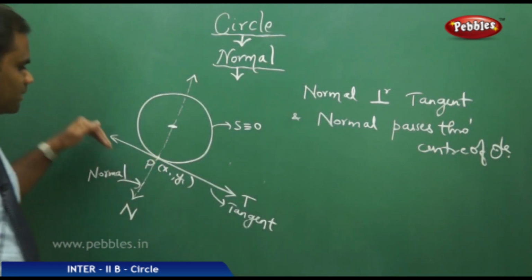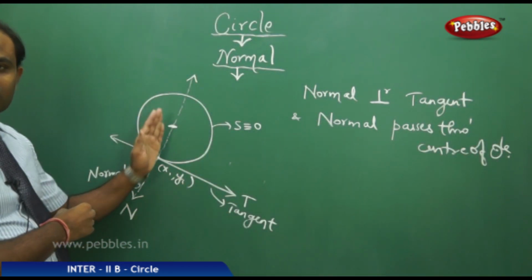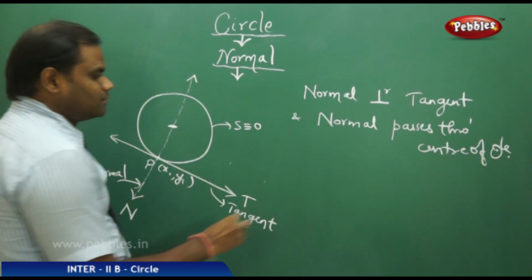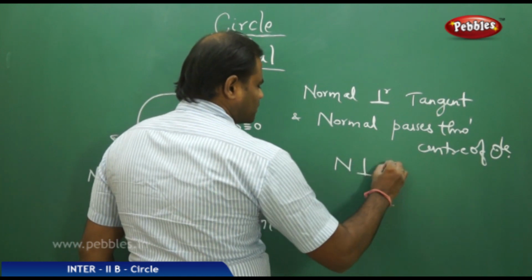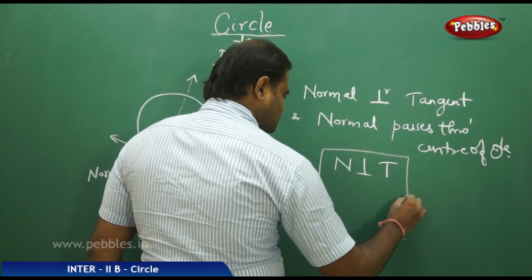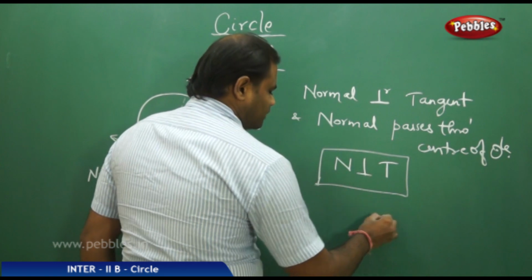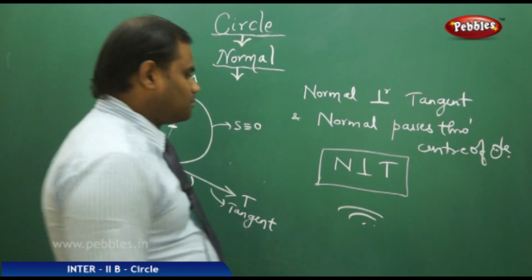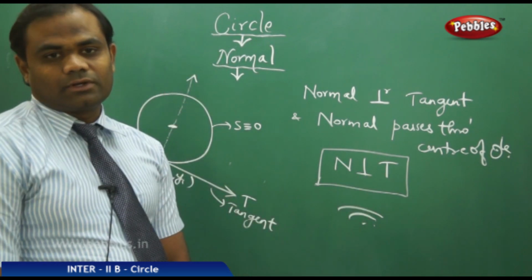Because the radius is perpendicular to the tangent, this being the radius will pass through the center of the circle. So we always have N perpendicular to T. This is how we define the normal connected with the tangent and passing through the point of contact.